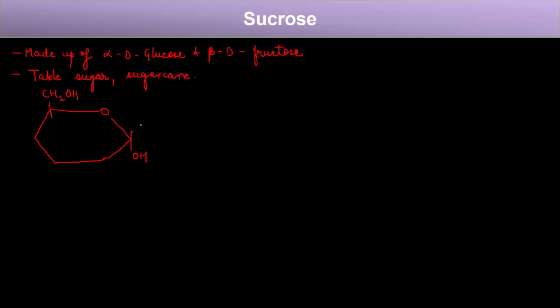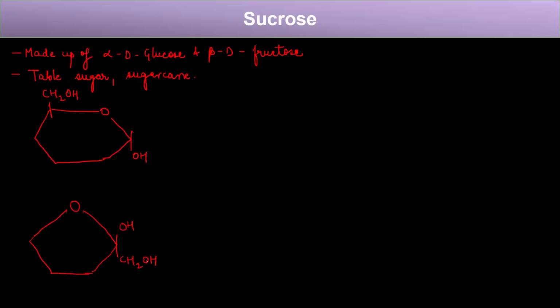Now, what else we have? We have beta D fructose. So what is the structure of beta D fructose? The beta D fructose will look something like this. So since it is beta, the OH will be above, right?